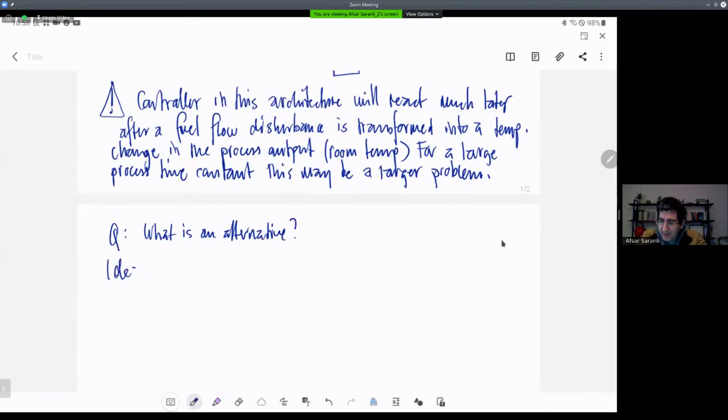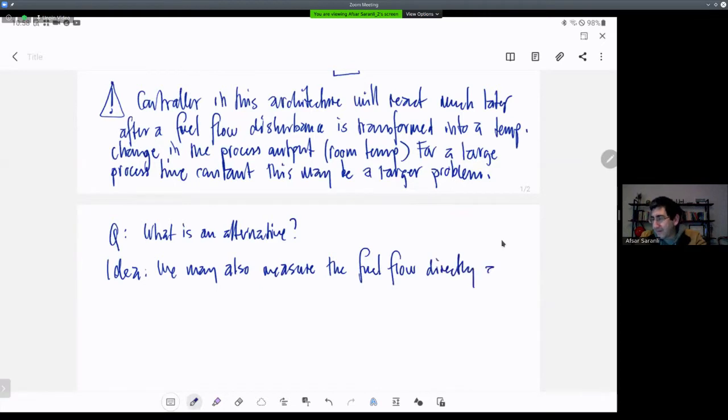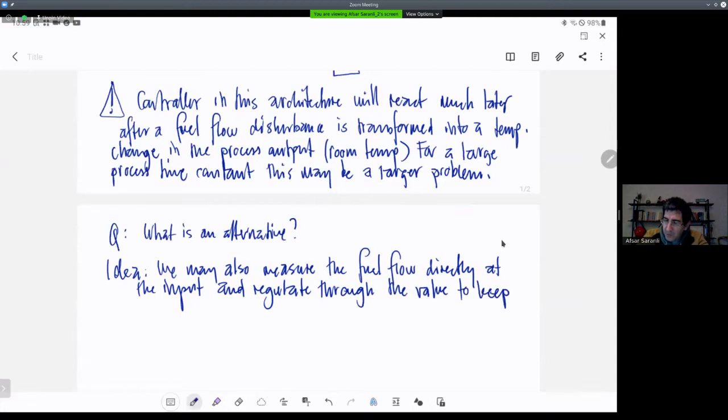The idea that we discussed is that we may also measure the fuel flow directly at the input and regulate it, let's say, through the valve to keep the flow constant.